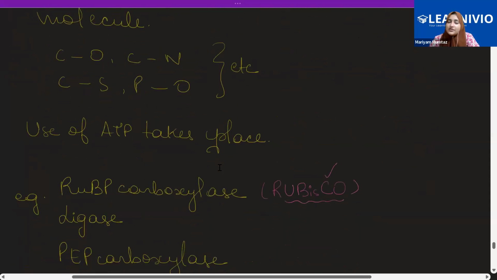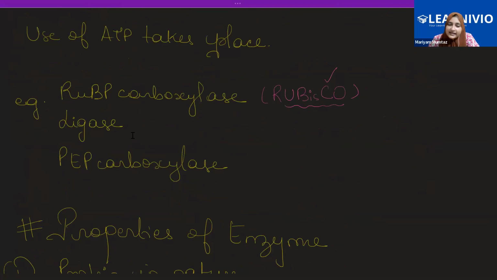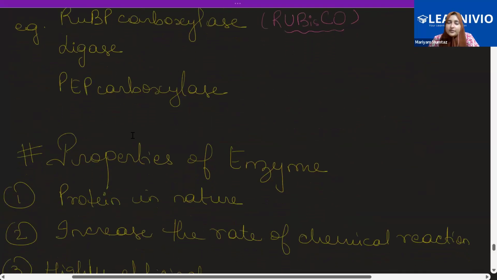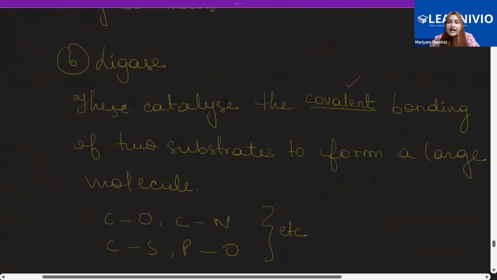And here ATP is utilized for joining. The examples are RuBP carboxylase, the Rubisco enzyme that acts like a carboxylase, and phosphoenol pyruvate carboxylase. These all belong to the class ligase. Clear, students?